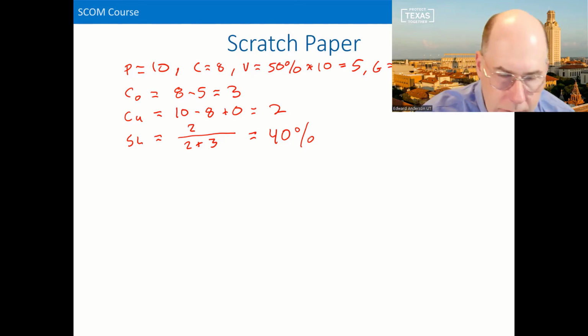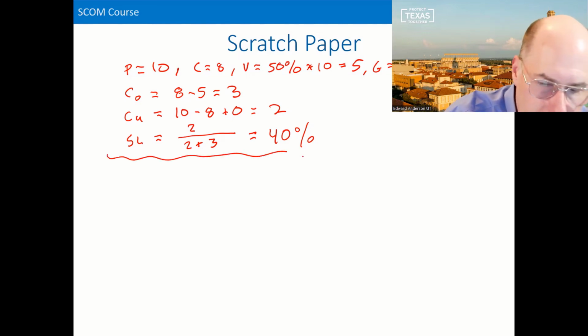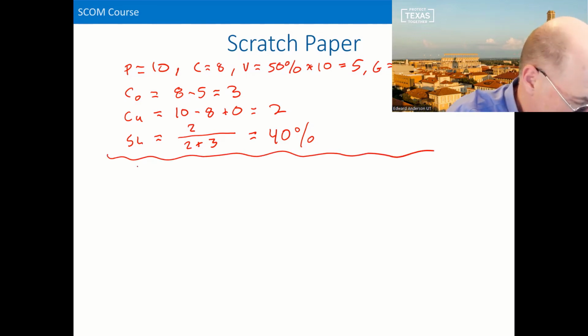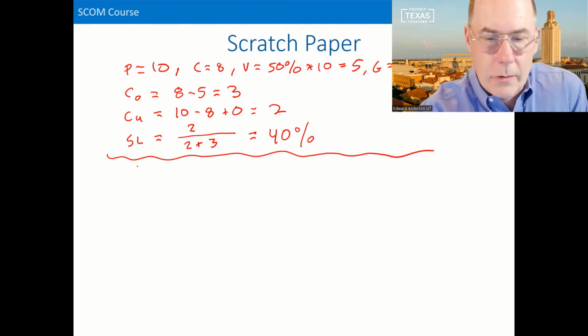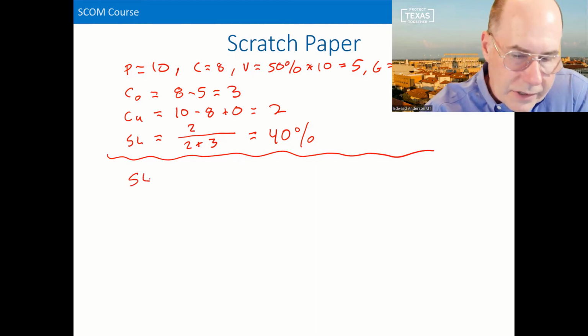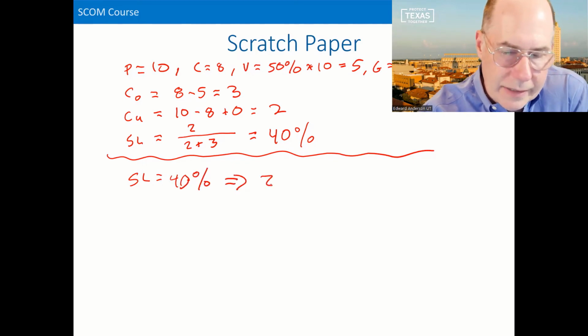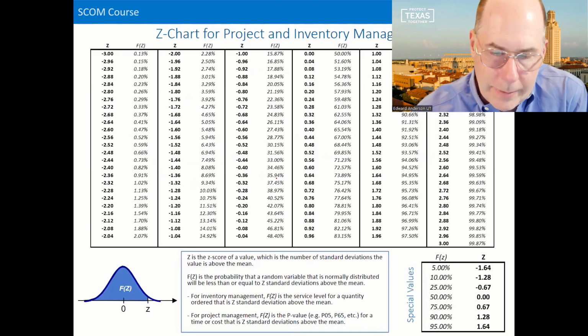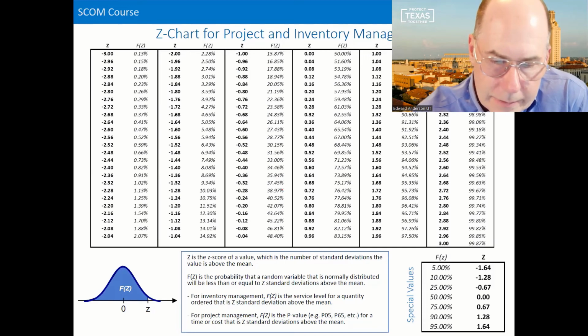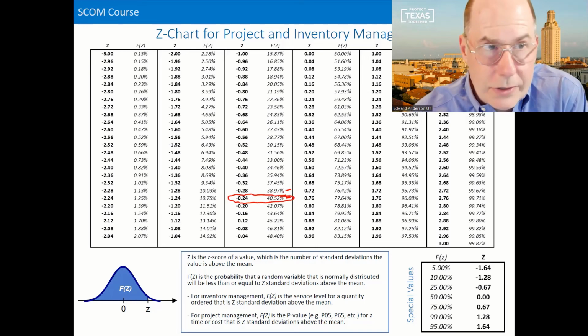Okay, so let's calculate what the actual order quantity would be. Well, service level of 40% implies a Z of, let's go back to our Z chart. So 40%, well, it's 38.7, 40.52. There we are, minus 0.24.